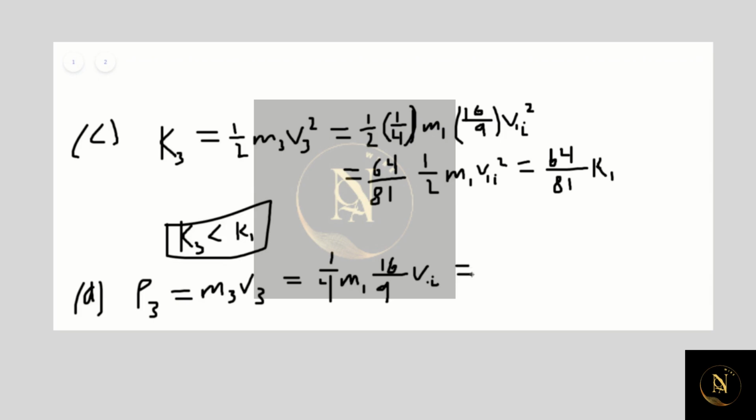So this equals 4/9 times P1. Therefore, P3 is less than P1. And we can box it in as our solution to part D.